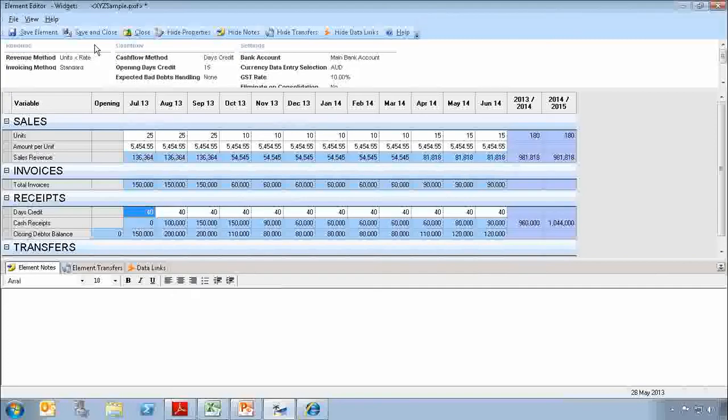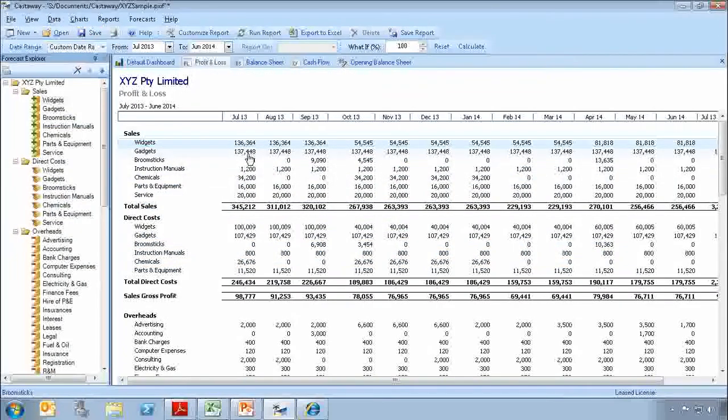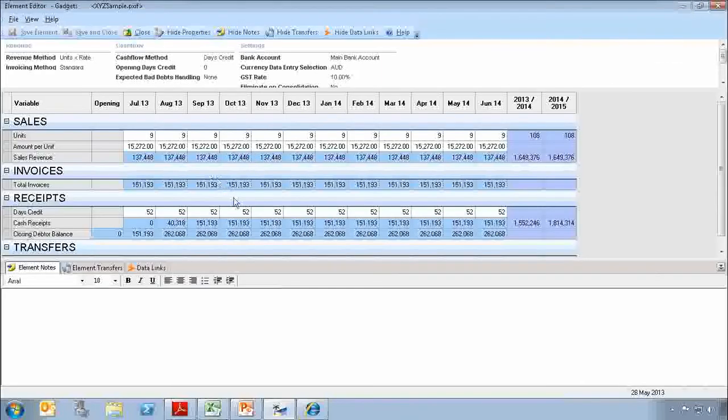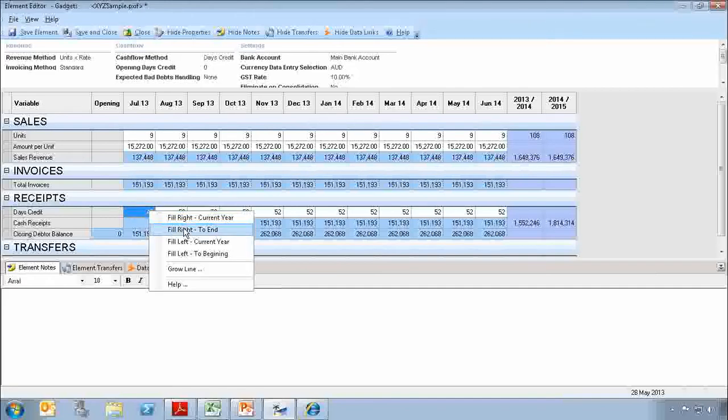And we have a look at, say, gadgets as well, same sort of thing, and convert that to 40 days.